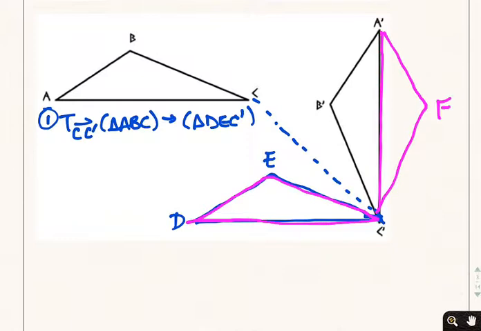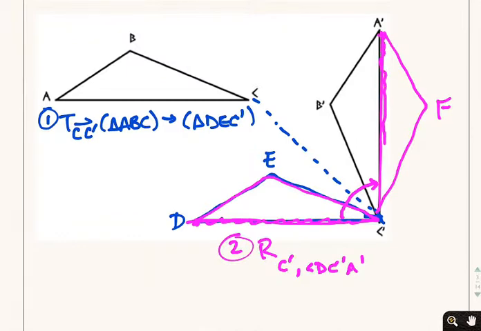So the way I'm going to note this is by making sure that my angle of rotation is clear, and the lengths are going to take care of themselves. So in this case, step 2 was that I'm going to rotate. I'll use a big R with my center of rotation as C prime, my angle of rotation being D C prime A prime, because I did rotate until this line lies on top of this line, which is how I'm picking out that angle.